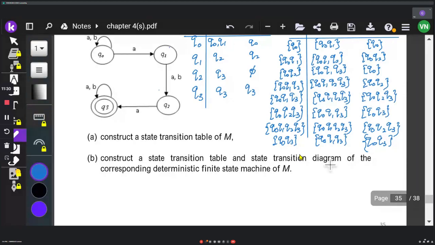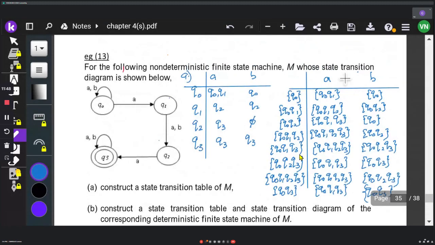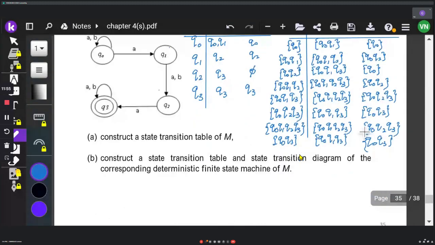So all included already. 0, 1, 3 and 0, 3 already have. No more, right? So this one you will get as deterministic already, meaning that every step when you see the input A and B, every step they will have one input A and one input B. Go to another step. Okay.